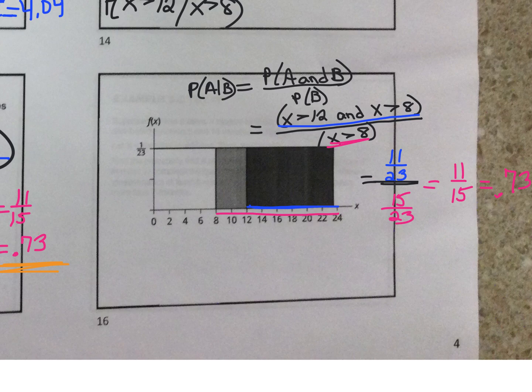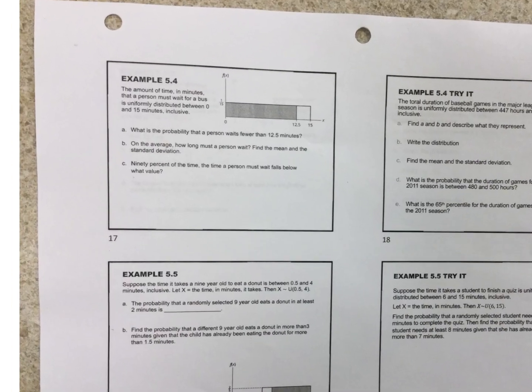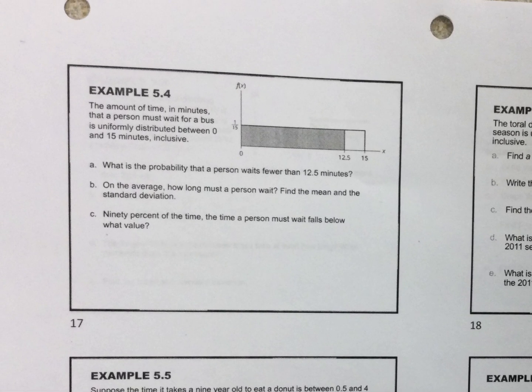All right, I want to do one more, and then we'll call it a day. So, example 5.4. We know we're dealing with a uniform distribution. Lowest value is 0, highest value is 15. It tells us uniformly distributed between 0 and 15 minutes inclusive.